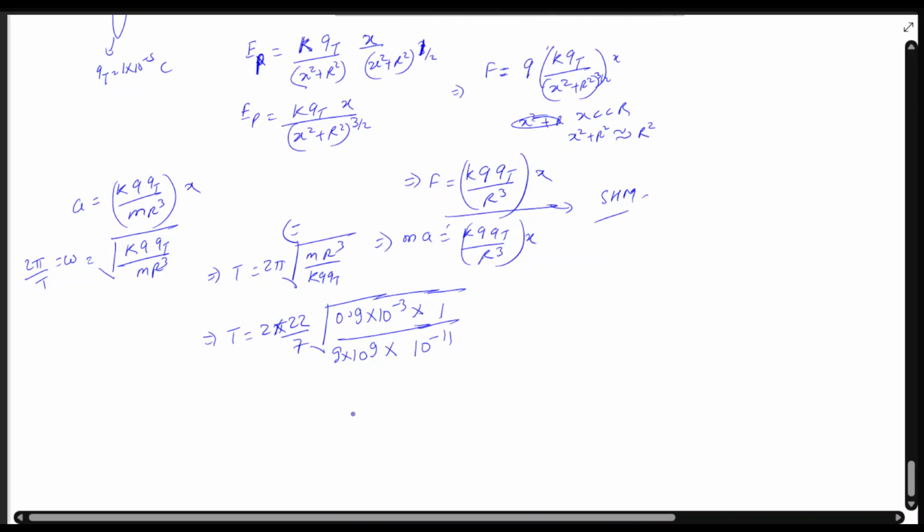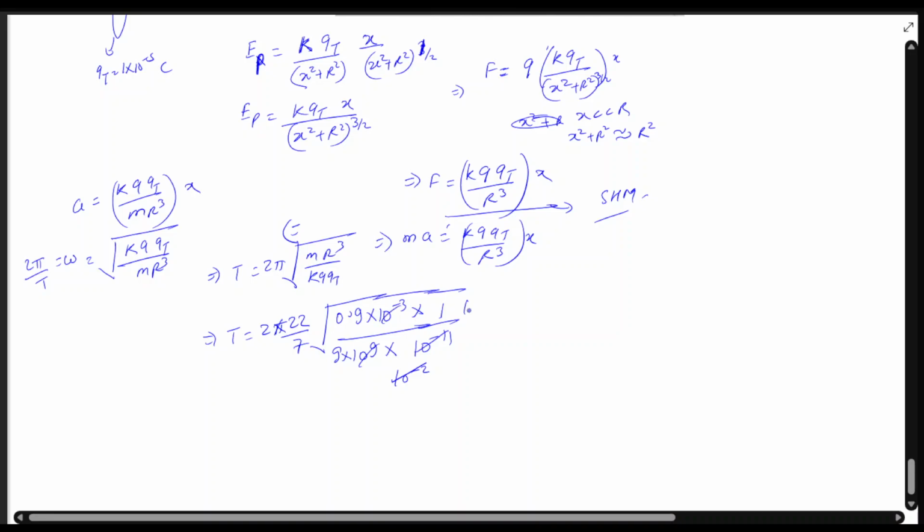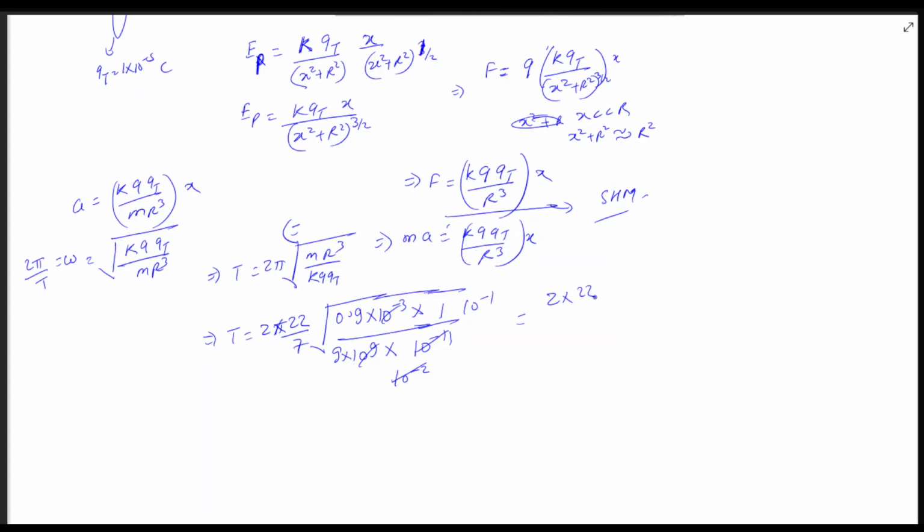Okay, perfect. So we will have, this is 10 raised to power minus 2, so this is 10 raised to power minus 1. So we're left with 2 into 22 by 7 under root, 9 will get cancelled, so it is 1 upon 100. So 1 upon 10.